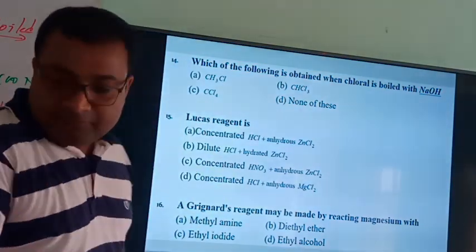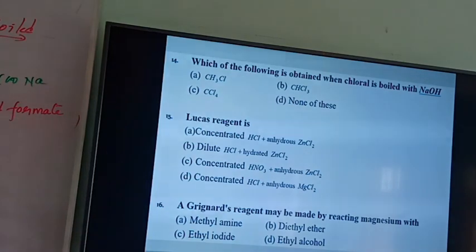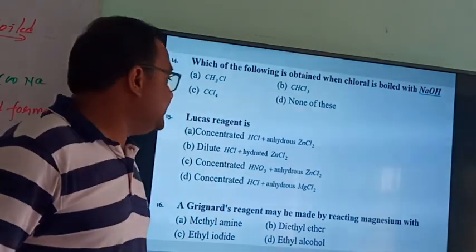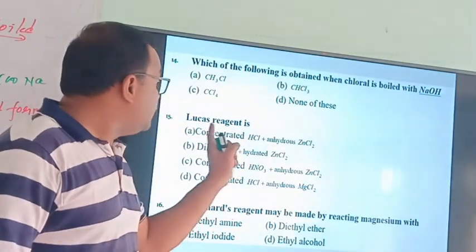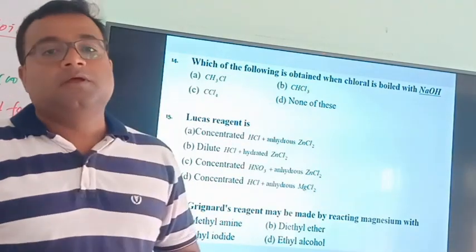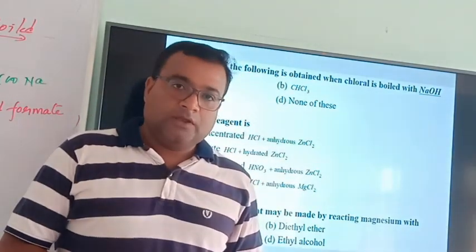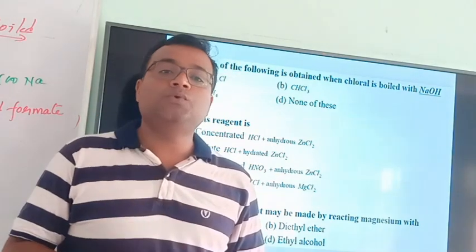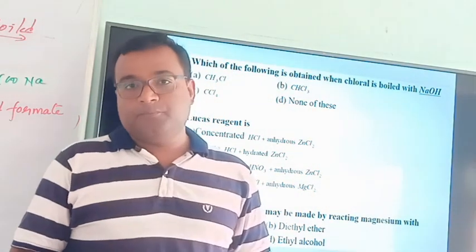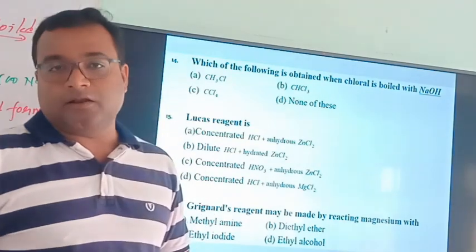Next is again a very important question. The question is given: Lucas reagent test. Lucas reagent test means what? It is the reagent used to distinguish between primary, secondary and tertiary alcohols.